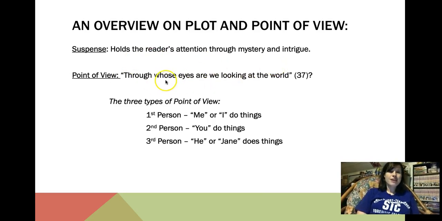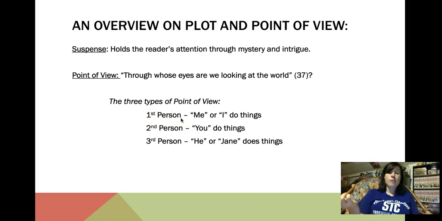Point of view. Through whose eyes are we looking at the world on page 37? I love that definition of point of view because it's so true. That's exactly what it is. There are 3 types. I would argue that first person and third person are our most popular types of point of view. First person is basically in a diary format, so anything involving me, or I did these things, or it was me, told from your point of view or the main character's point of view.